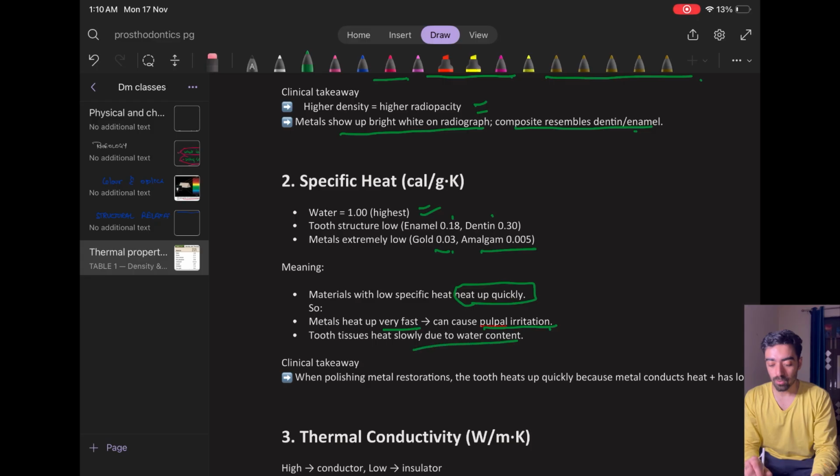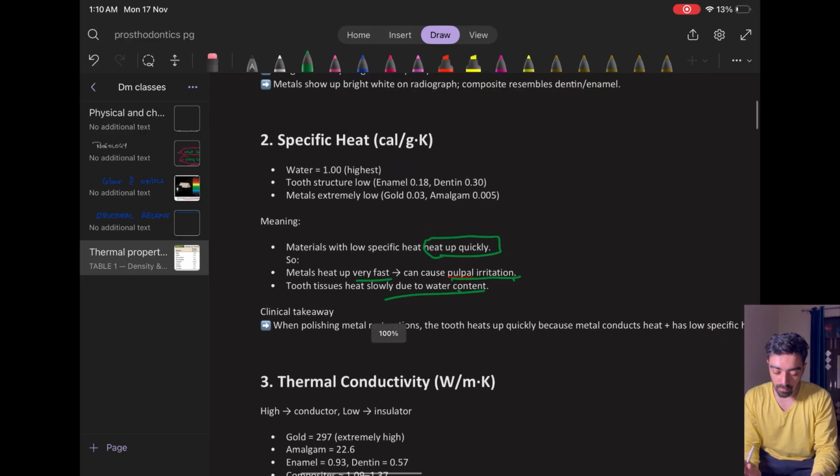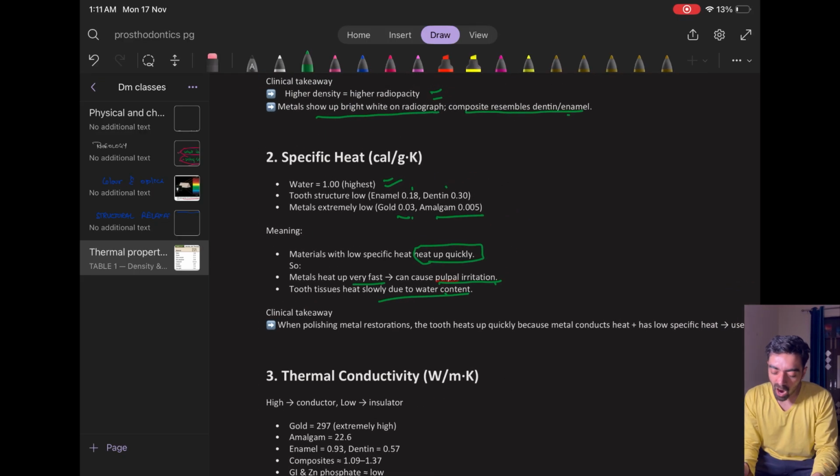Tooth tissues heat slowly due to water content and therefore your pulp is protected by the presence of dentine and enamel. So while polishing metal restorations, you must keep this in mind that the friction generated is heating the metal, and because the metal is being heated, it is causing damage to the pulp because the thermal conductivity is very high and specific heat is very low.